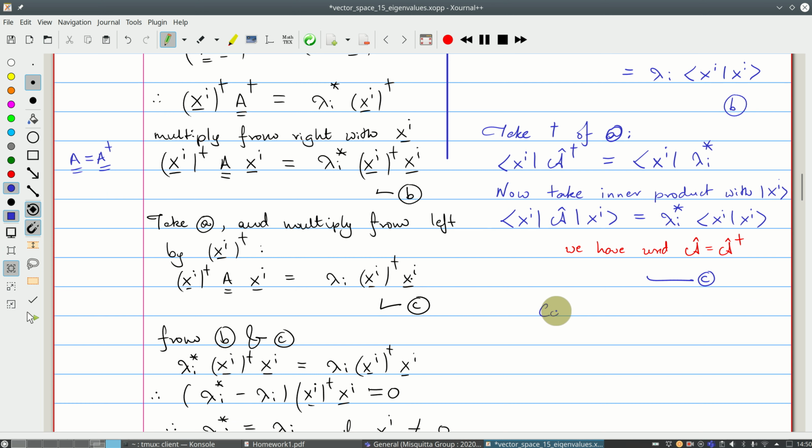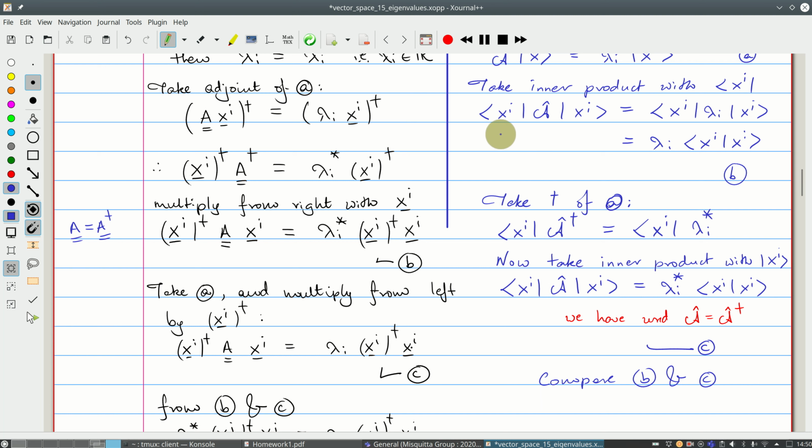So compare B and C as we did on the left hand side. Both equations have xi A xi, therefore we must have their right hand sides being equal.